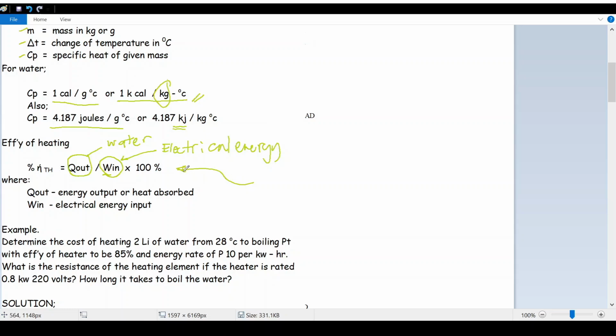To write this equation involving efficiency, energy out and energy in, we can write this in another form: the energy in times the efficiency, in decimal, not percent, is equal to the energy out, wherein the energy out is equal to the mass, Cp and delta temperature.